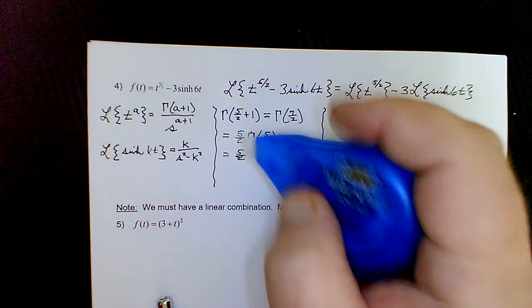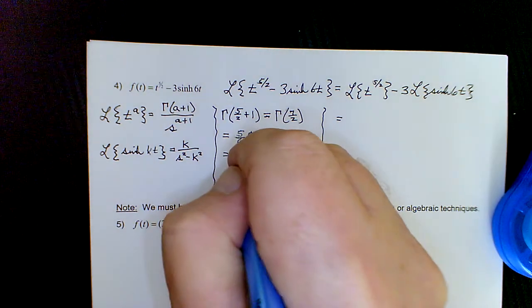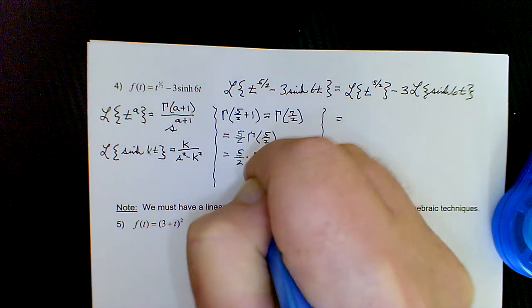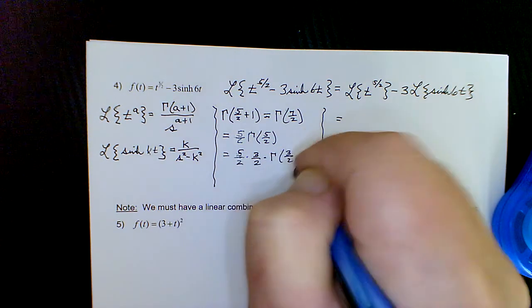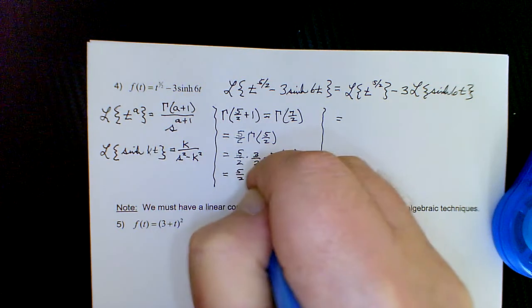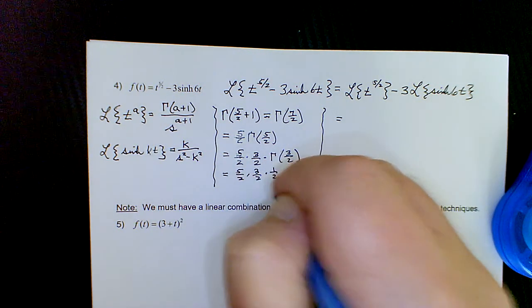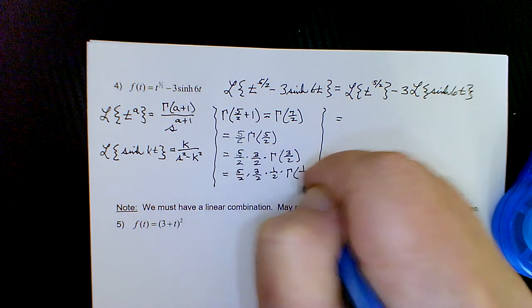Gamma of 5 halves, that's when x is 3 halves. So 5 halves times 3 halves times gamma of 3 halves. And that's 5 halves times 3 halves times, now gamma of 3 halves is when x is 1 half, so 1 half times gamma of 1 half.